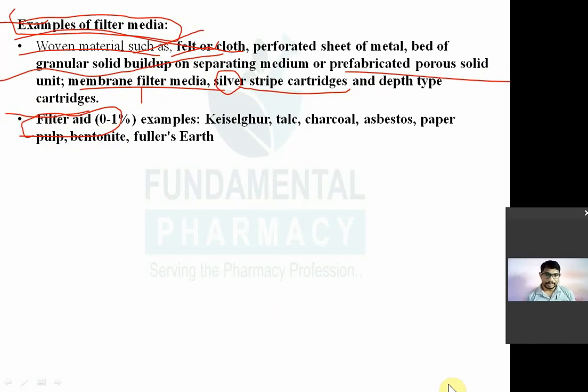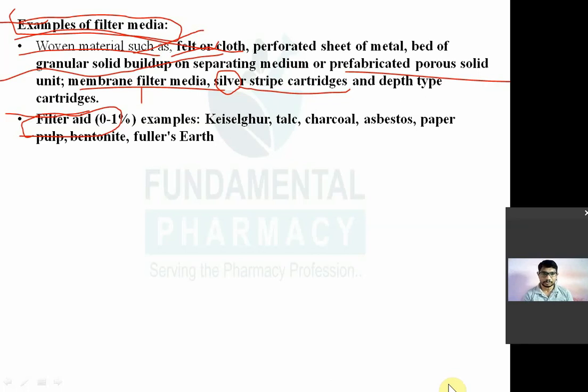So remember these filter aids। क्वेश्चन ऐसा भी आता है, ऑलरेडी आ चुका है, one of the following is not a filter aid. तो याद रखो केसलगर, टाल्क, चारकोल, एस्बेस्टॉस, पेपर पल्प, बेंटोनाइट, fuller's earth. So these are used as a filter aid.